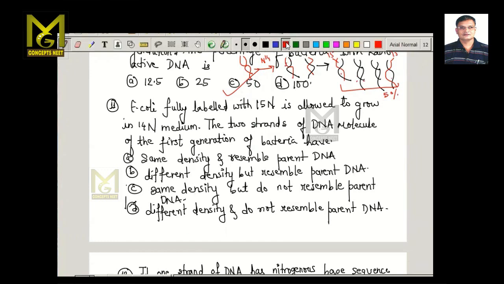The correct answer is that they have a different density, because N15 in the cesium chloride will show a higher density gradient, and N14 is comparatively lighter. So they have different densities, and because N14 and N15 are different, they do not resemble the parent DNA. The correct answer in this case has to be D.